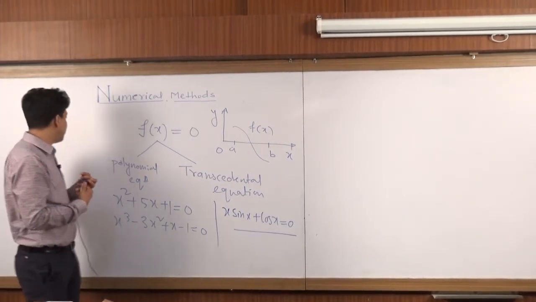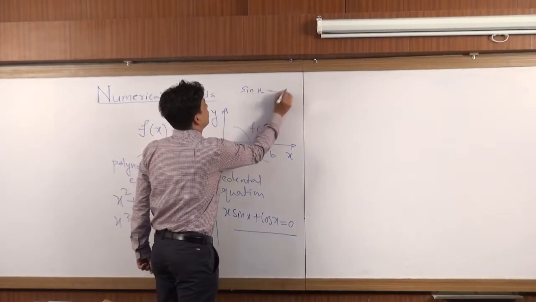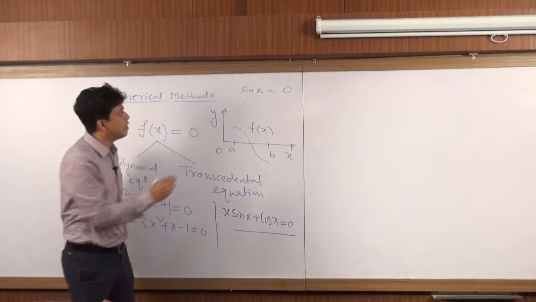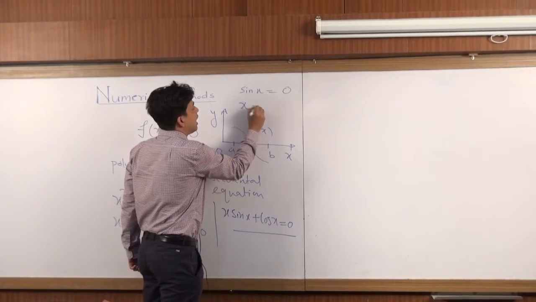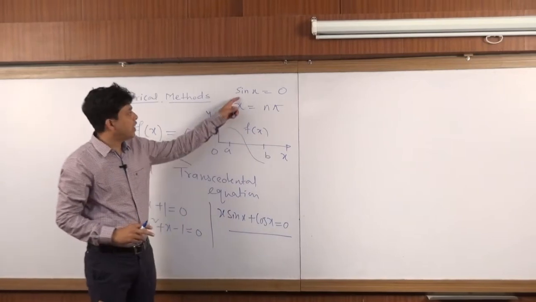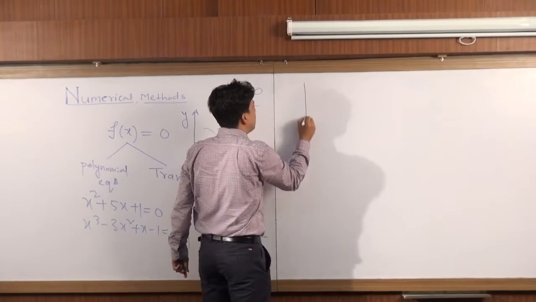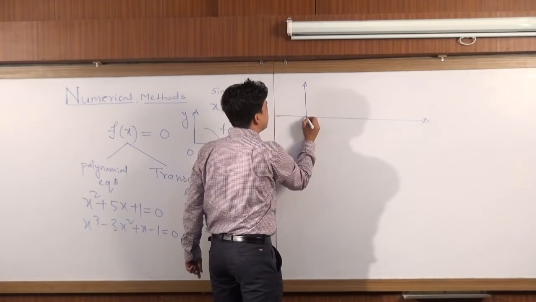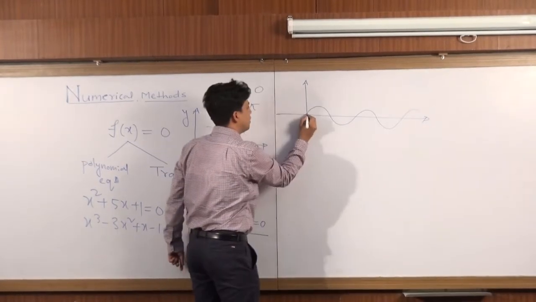For example, consider the equation sin x equal to 0. This is a transcendental equation. How many solutions does it have? We know its general solution: we can write x equal to n pi, where n is an integer. So there are infinitely many roots. We know the graph of the sin x function. Sin 0 is 0, and it's a periodic function with period 2 pi.